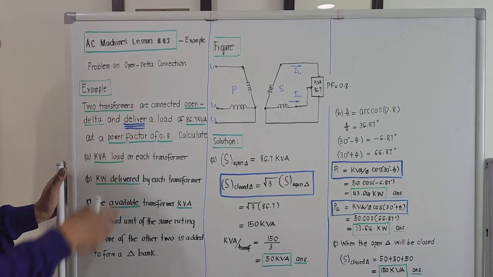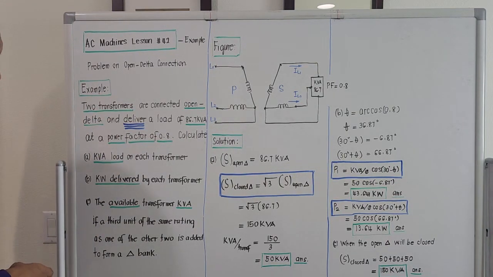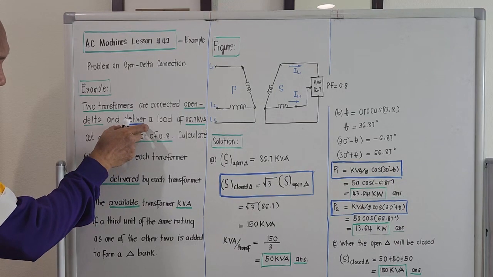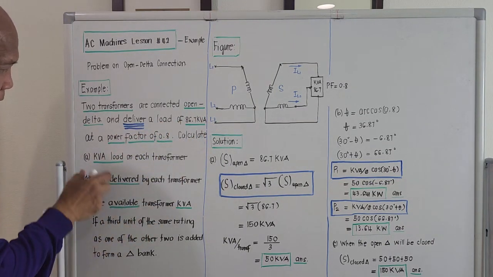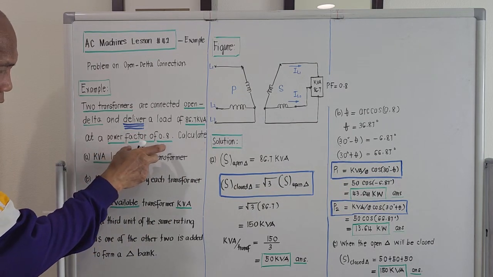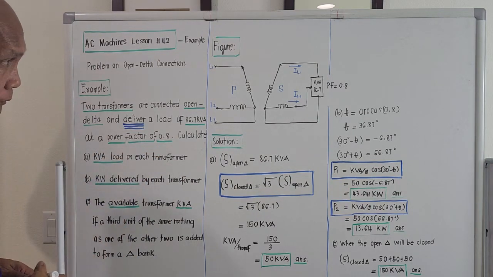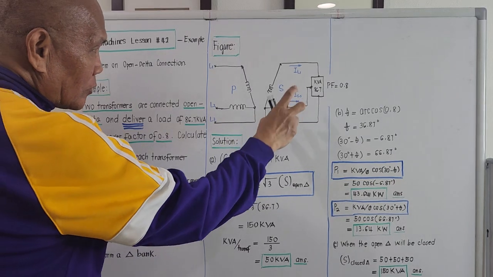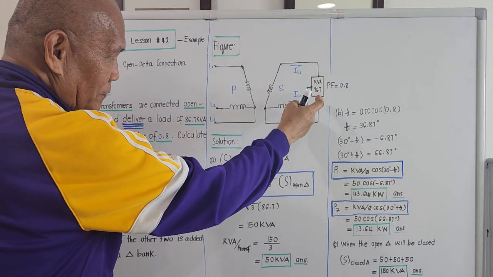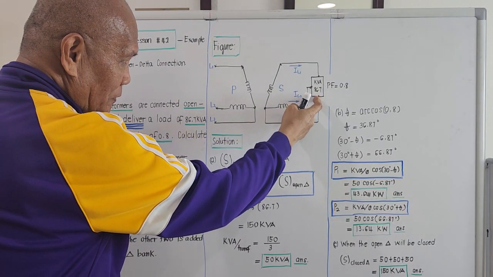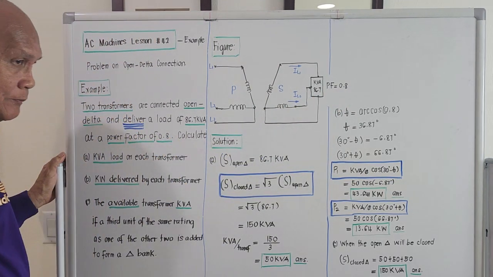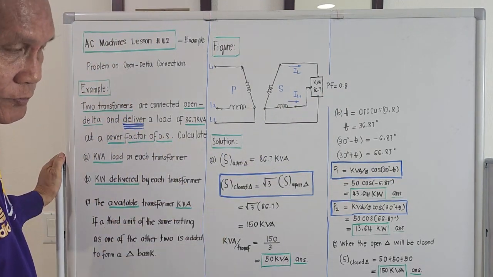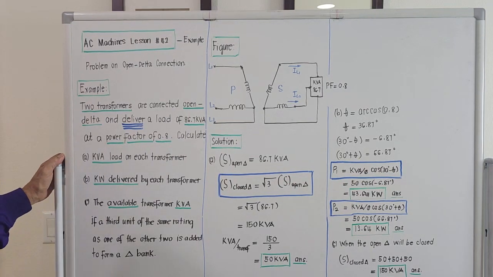Two transformers are connected open delta and deliver a load of 86.7 kVA at a power factor of 0.8. The delivered load of an open delta is given as 86.7 kVA. The power factor is 0.8. Since the power factor is 0.8, it's not 1.